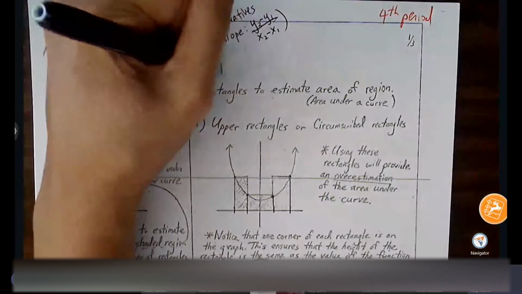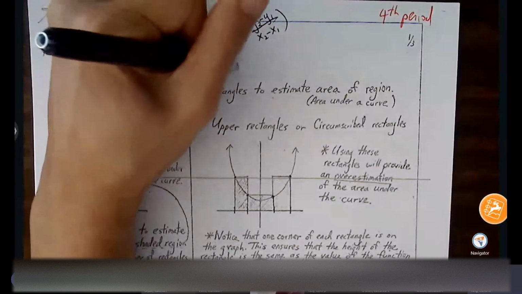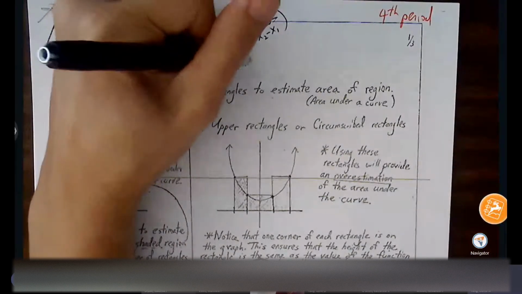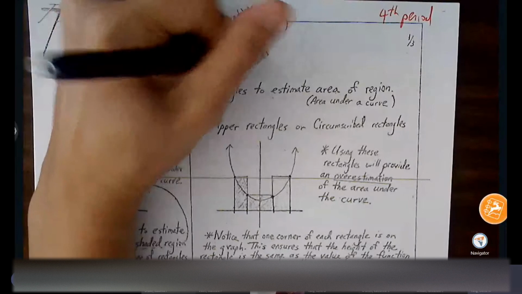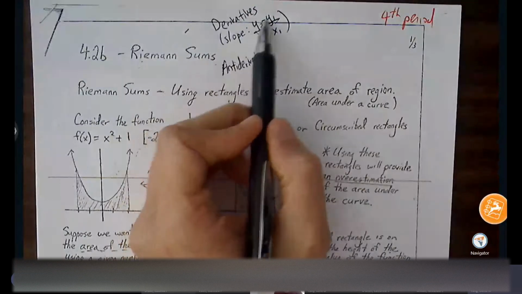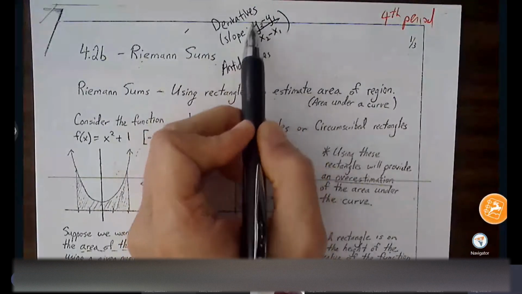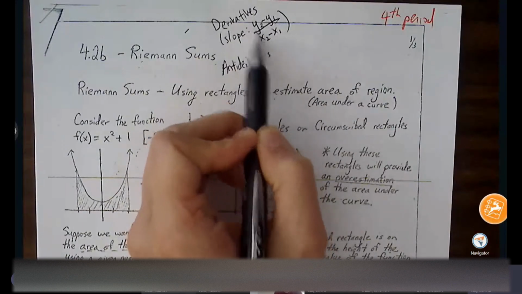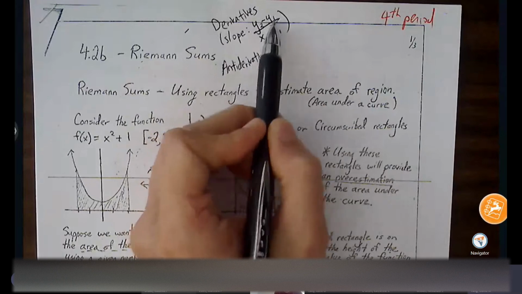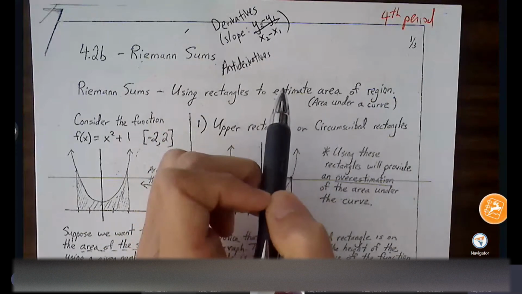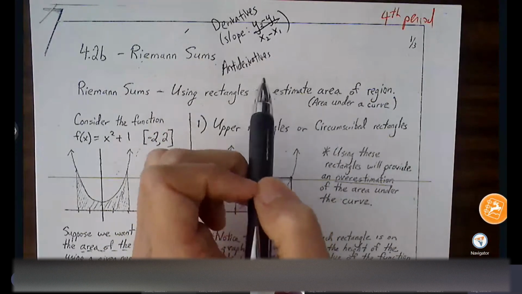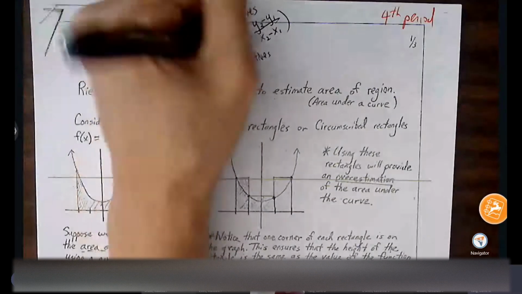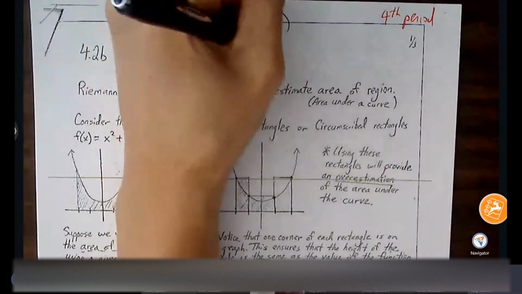So we're calling it antiderivatives. But let's look at the operations that we're using here, right? So this is mainly division, right? And how do we undo division? Multiplication, right? So let's think in terms of multiplication.